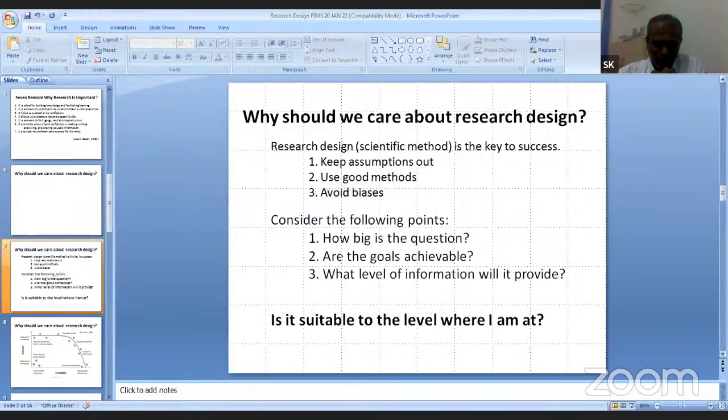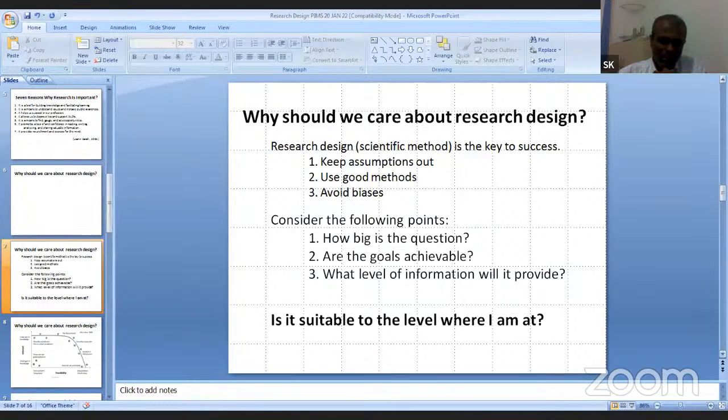So the term big is a relative term. The size of the entity could be small, but the question about that entity could be very big. The size of the entity could be very big, but the questions about that entity could be very small. So big or small is a relative question, but we have to be aware how big or how small the question is.